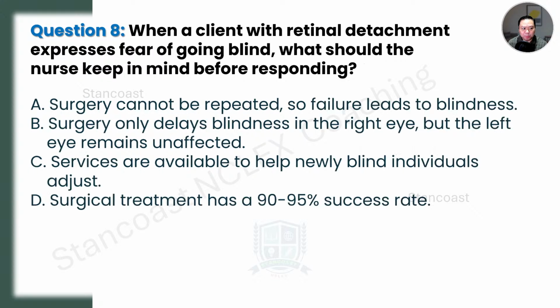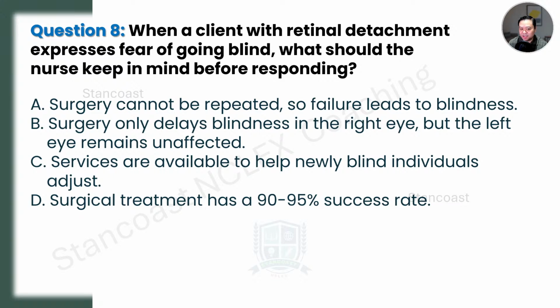Let's have number 8. When a client with retinal detachment expresses fear of going blind, what should the nurse keep in mind before responding? Is it A, surgery cannot be repeated, so failure leads to blindness? B, surgery only delays blindness in the right eye, but the left eye remains unaffected? C, services are available to help newly blind individuals adjust? And D, surgical treatment has a 90 to 95% success rate.